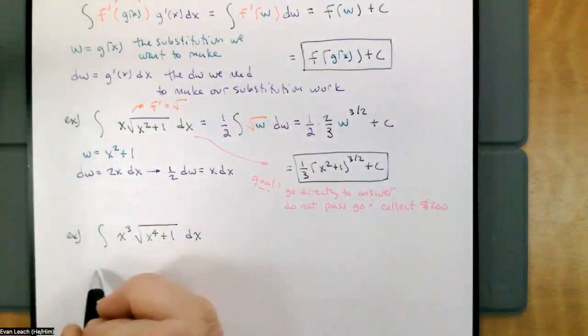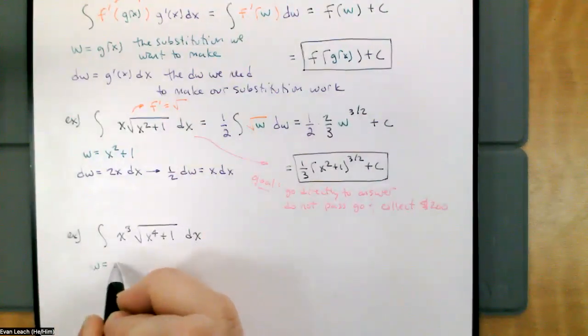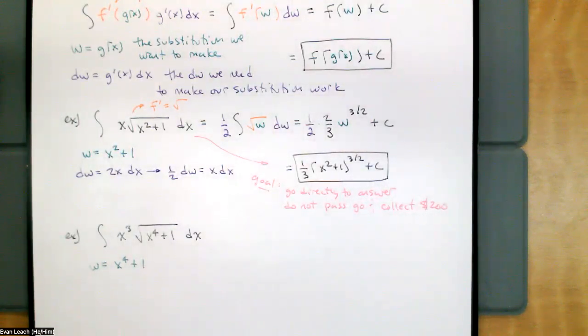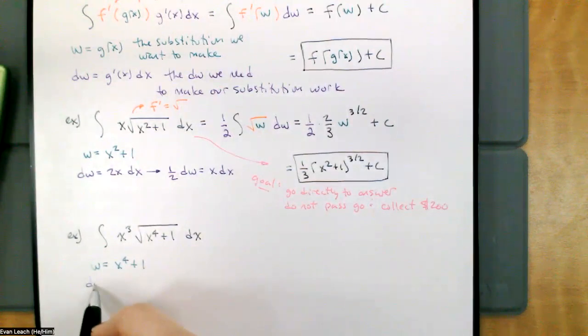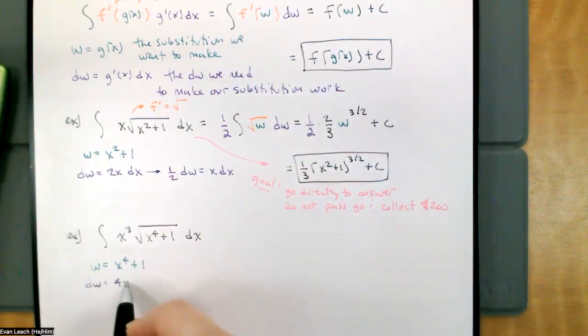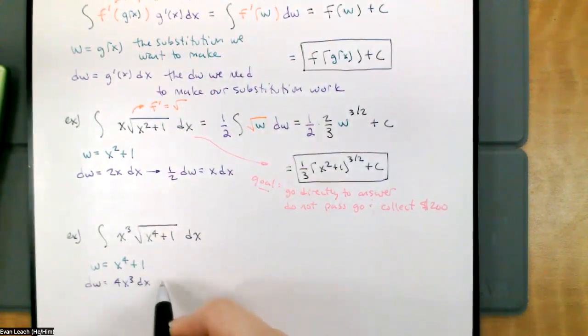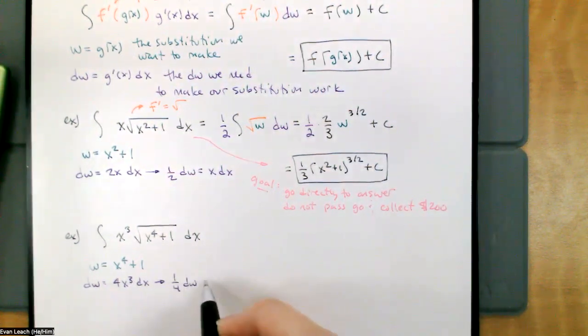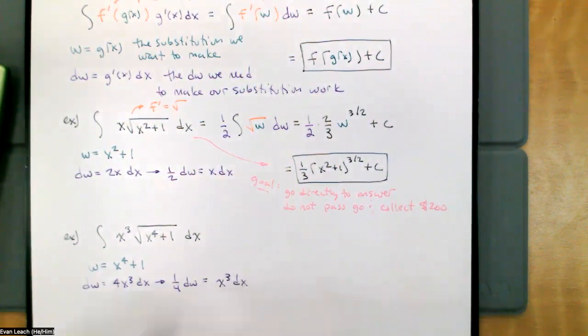So that's what we need to make the substitution w equals x to the 4th plus 1. To make that substitution go, my dw is 4x to the 3rd dx. So in this case, I have a 1/4 dw is x cubed dx.